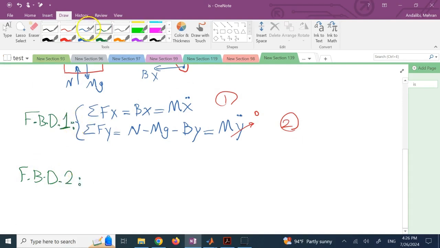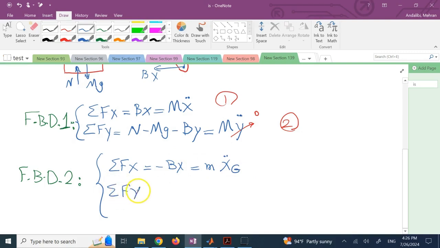The sum of forces in the x direction is negative Bx, which is equal to mass times acceleration of point G in the x direction.